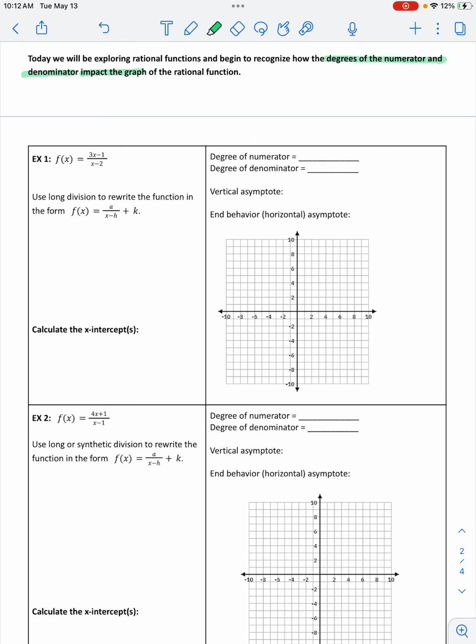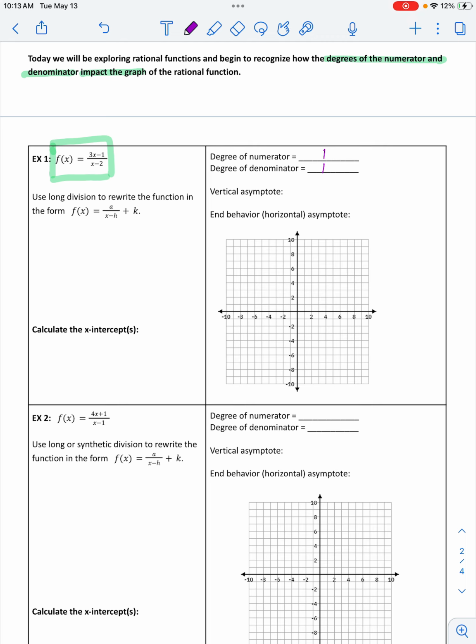Okay, so first example, when I look at the function of 3x minus 1 divided by x minus 2. Okay, the first thing that I want you to start looking at is what is the degree in both the numerator and denominator. So the degree in the numerator is 1 because of the 3x, and it's also 1 in the denominator because of the x minus 2.